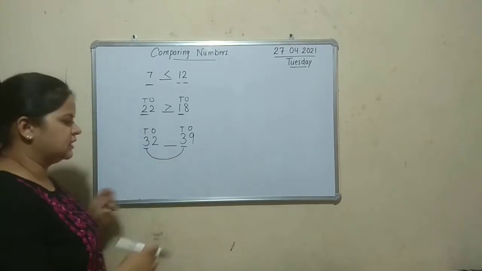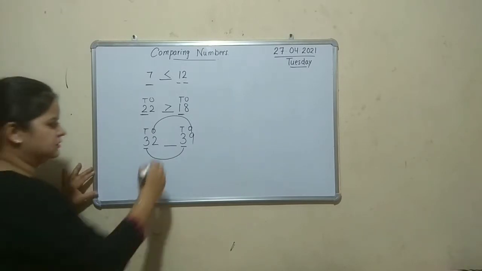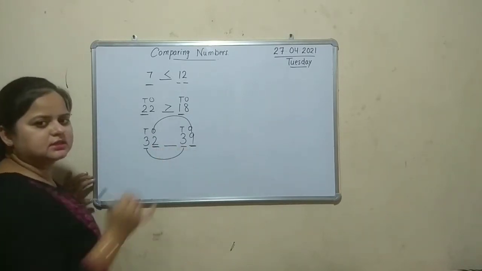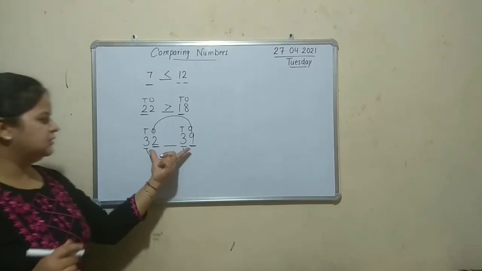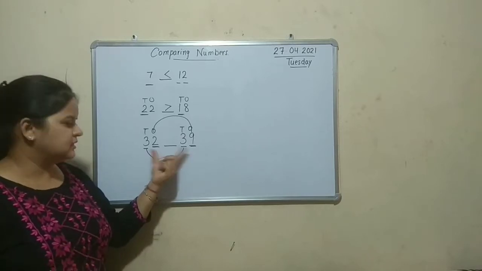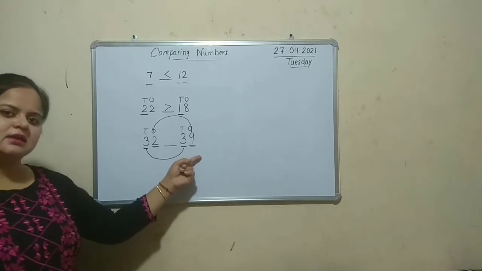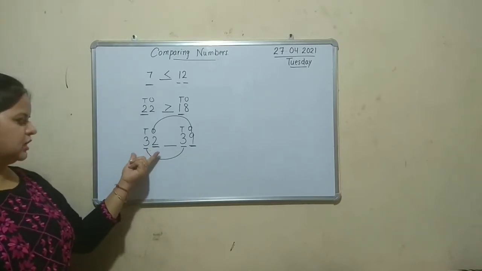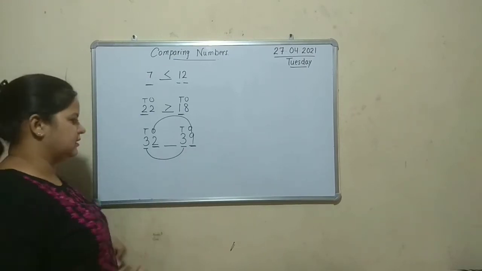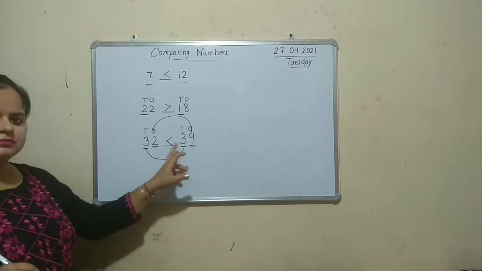Then we will see the number that are placed on ones place. Means these two numbers 2 and 9. We will compare these two numbers now. So in between two numbers you can see which is greater. Yes, 2 or 9. Which number is greater? Very good. 9 is greater than 2. So 32 is smaller number and 39 is greater number. Very good. So we will put the sign of comparison like this.